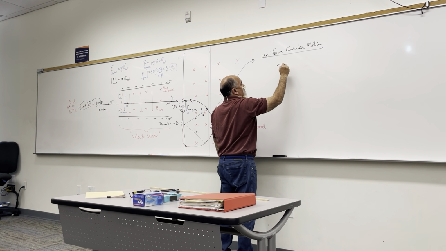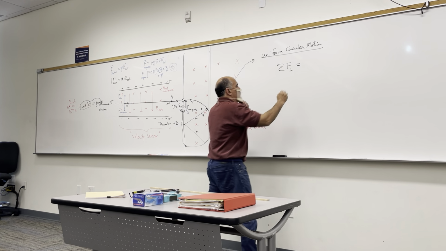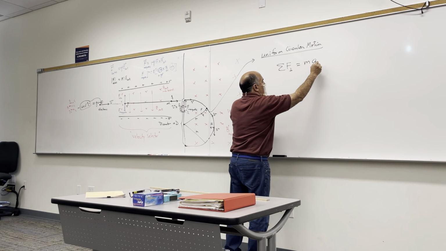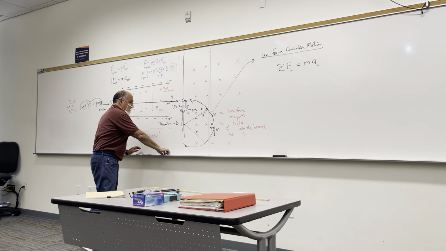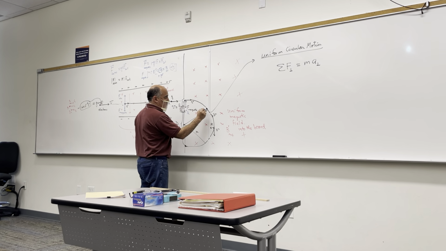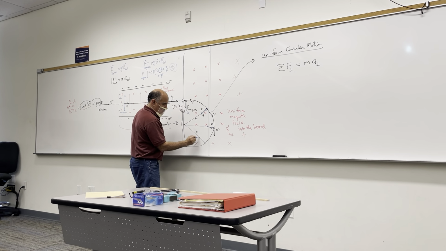And then you can do this. The sum of the centripetal component of the forces is equal to the mass times the centripetal component of acceleration. There's only one force acting on this thing. It's the magnetic force, and it happens to be pointing towards the center of the circle. It doesn't get easier than that.